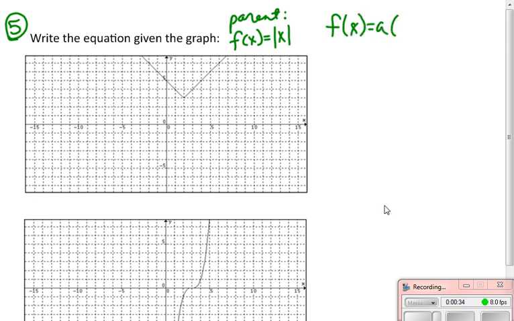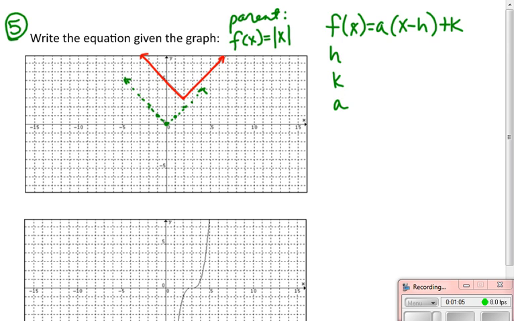So f of x is equal to a times the absolute value of x minus h, plus k. And by investigating the graph, I start to figure out what is going on with my h, my k, and my a. So if my parent is here at 0, 0, and goes up this way, how did I get from my green parent to my new graph up here?